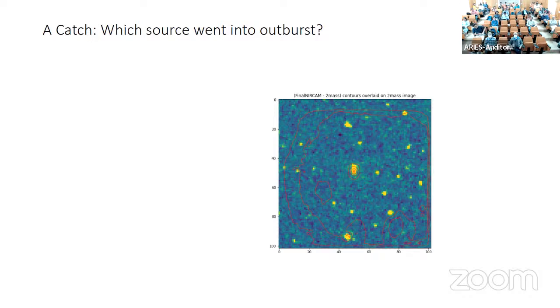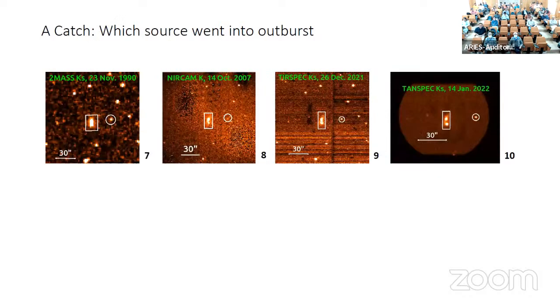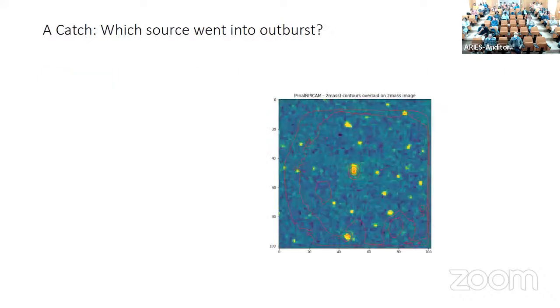So in order to get a better understanding of this source that went into outburst, I brought this NEWFIRM image to the same scale and resolution as that of 2MASS, and then I subtracted the 2MASS image from the NEWFIRM image. Then I overplotted the contour of the subtracted image onto the 2MASS image, and here is the result.